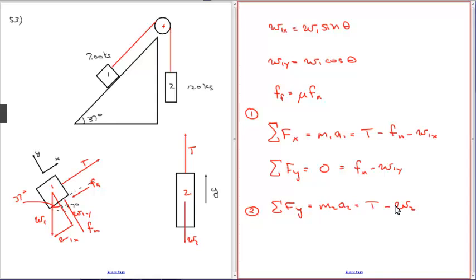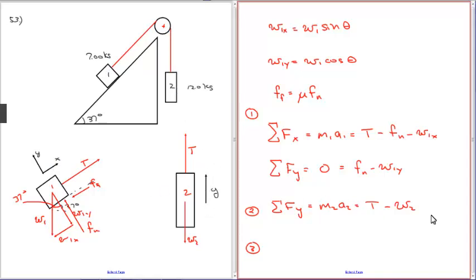And the third equation is, well, there's really two equations here. There's actually 4 equations, but the third one we're going to write down here is the relationship between the accelerations. So if this moves up, which is positive x, this moves down, which is negative y. So there's going to be this negative-positive thing.